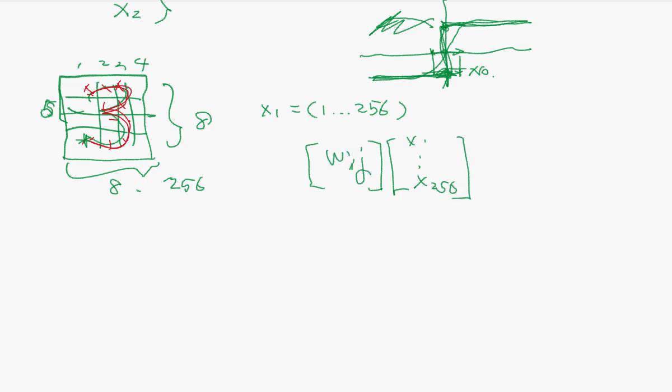Then you decide this number is 3. The possible answers are 0, 1, 2, 3, 4, 9. So this is handwriting recognition.